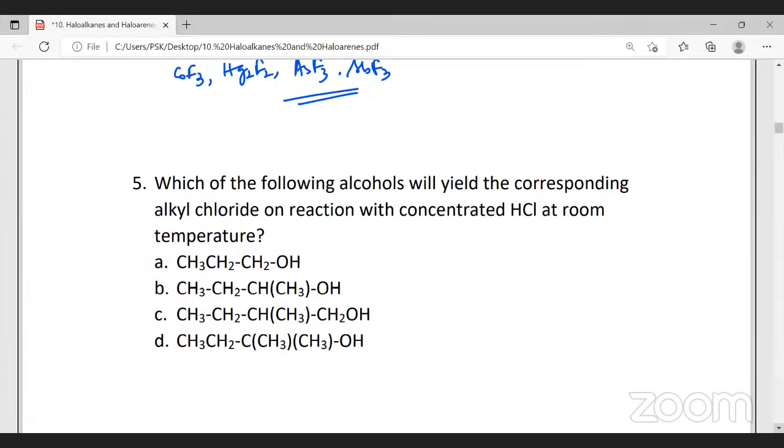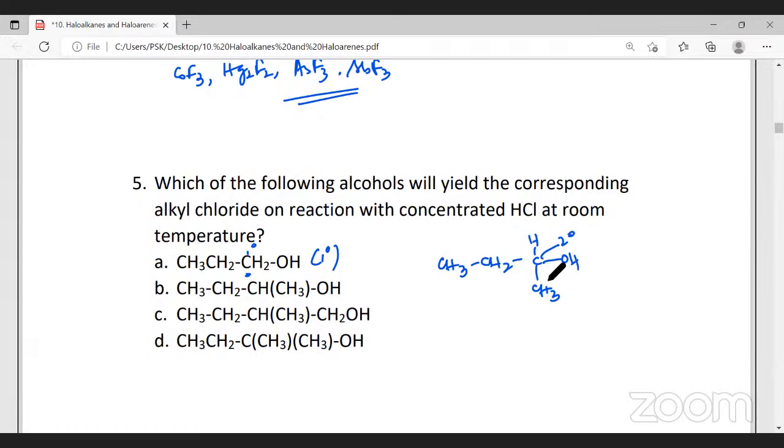Let's see. Now identify something. If I have the first option, this is a primary alcohol because this carbon is a primary carbon atom, bonded to one more carbon atom. The second one, CH3, CH2, CH, CH3, and OH. What type of carbon atom is this?